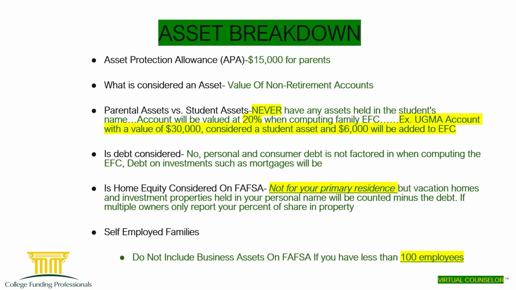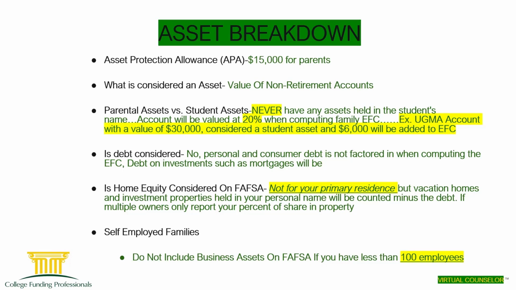The big one, which I'll talk about later on, is this UGMA, or also a UTMA, the Uniform Transfer to Minors Act. These were big investment strategies in the 80s. And this is really, in my opinion, the only one that's applicable as far as a student asset is concerned. I'll talk about 529 plans in a second and why those are parental assets, not student assets.